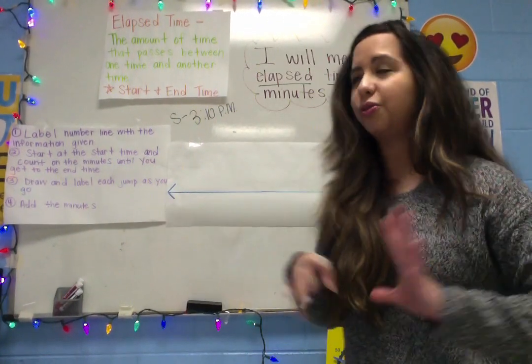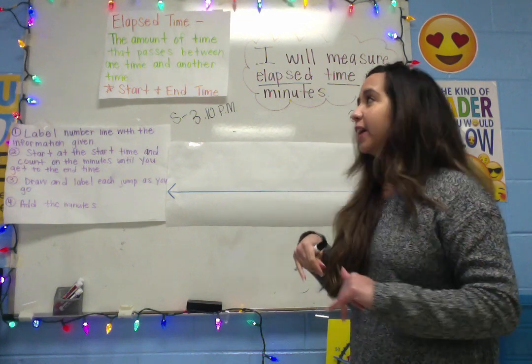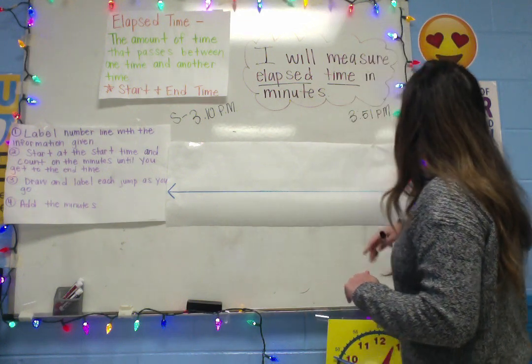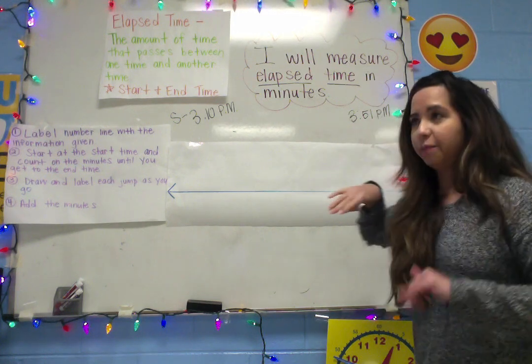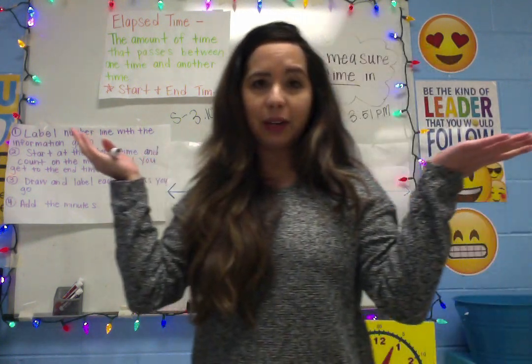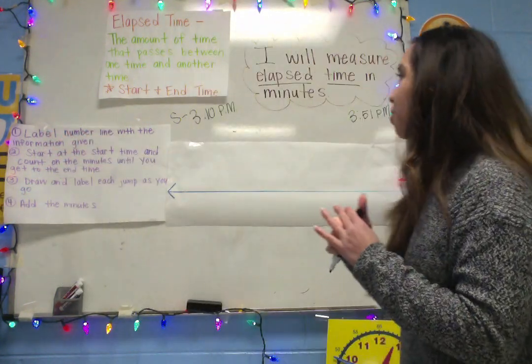We get to leave school at 3:10 p.m. Let's say I get off at 3:10 and I need to run errands. I need to go to Walmart to grab some things. I get home at 3:51 p.m. How long did it take me to get off work, go pick up things at Walmart, and get home? How long did it take me to run some errands at Walmart?